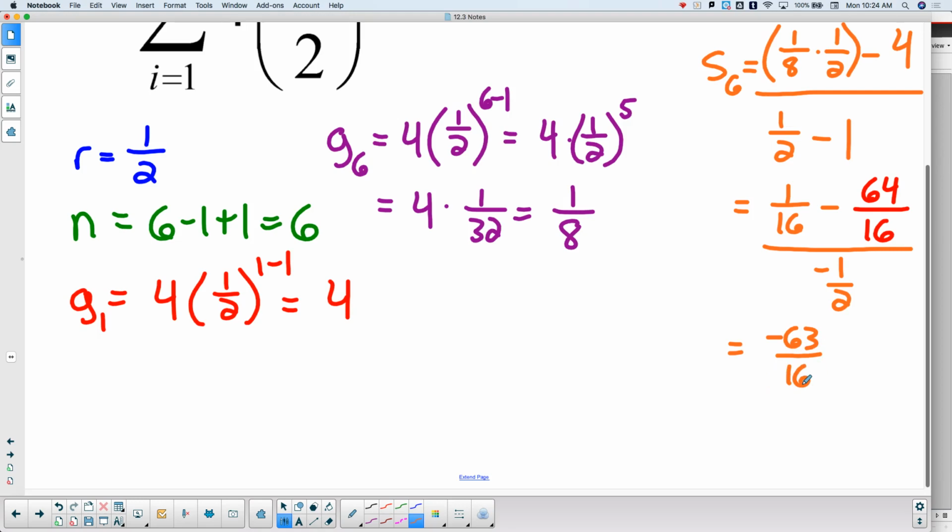When I'm dividing by a fraction, what do I do? Multiply by the reciprocal. So the reciprocal here would be negative 2 over 1. Negatives cancel out. 2 goes into 16 8 times. So the sum of my 6 terms is 63 over 8.